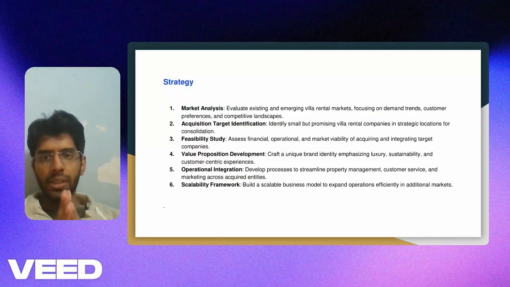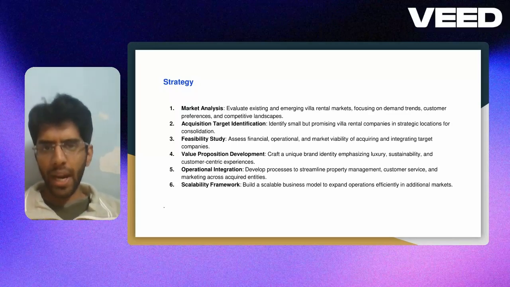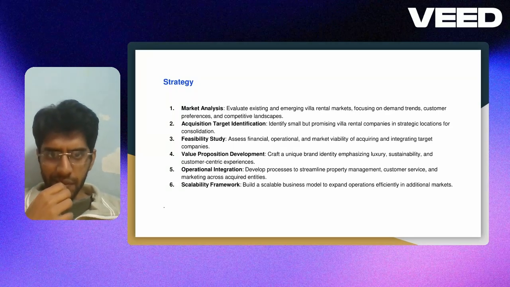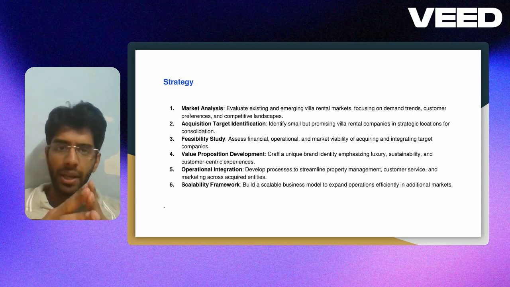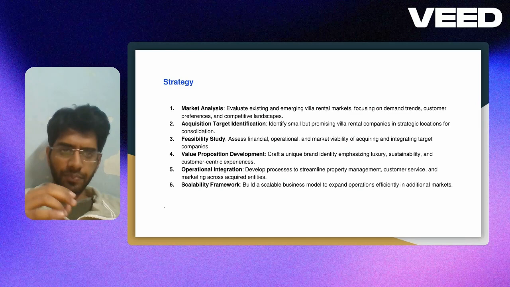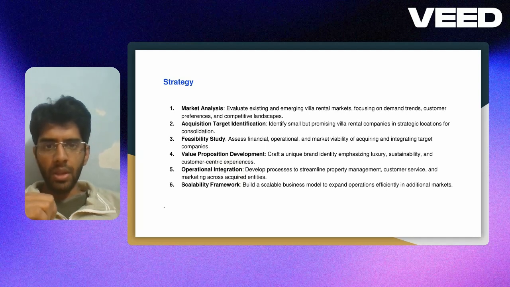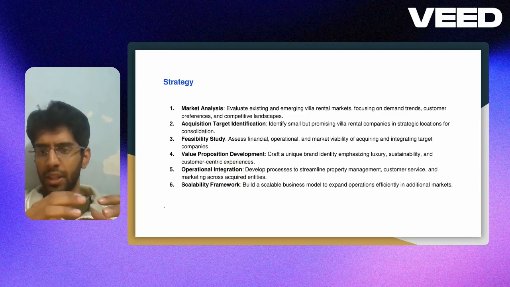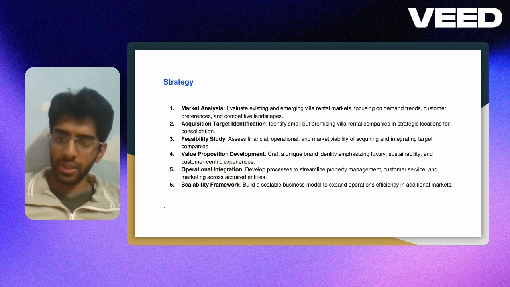Having already discussed the three phases, I'll now discuss the strategies. The first strategy, which I already talked about, is to do market analysis, and while doing it we need to make sure we pay as much attention to primary research as we do to secondary market research.